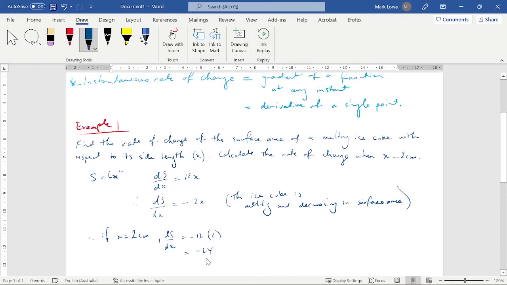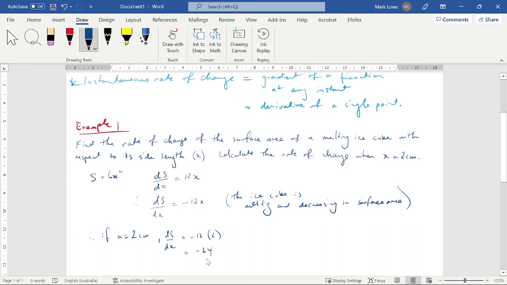What we really need to consider when we're looking at problems like this is that it will have units. What would be the units? It's a rate, so it's a bit like speed, kilometres per hour or metres per second. It's the rate of change of surface area, so what would be the units of surface area?